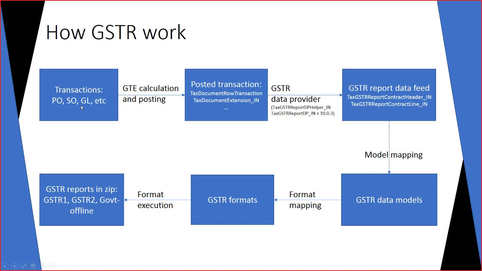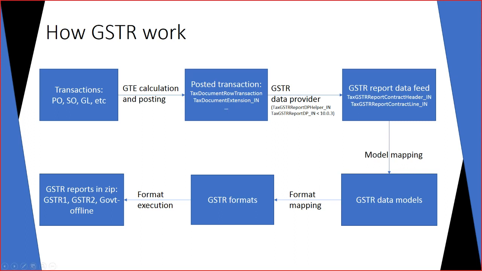And then you will provide the data of a purchase order, sales order, and the GL to the GTE, and the GTE will calculate and post, and then generate the posted transaction, which will mainly stay in tax document row transaction and the tax document extension _IN, and there are a bunch more tax transaction related tables. For example, we have a tax document row transaction _IN. And basically, our GSTR report is built upon this source data.